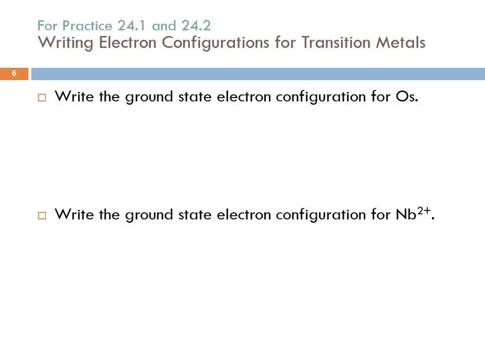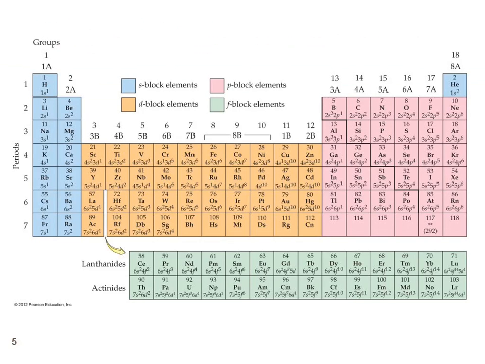So let's write electron configurations for the ground state of osmium and niobium 2+. Okay, osmium. Let's go back to the periodic table. Where's osmium? Right there. Let's pretend we don't have the answers right there. For osmium, we're going to start with xenon, the previous noble gas.